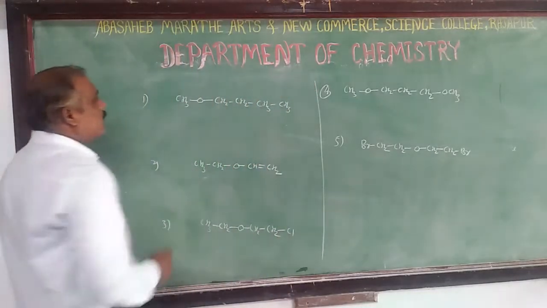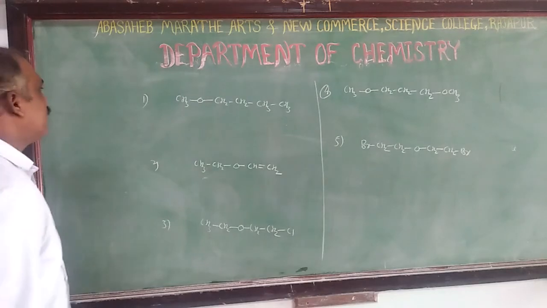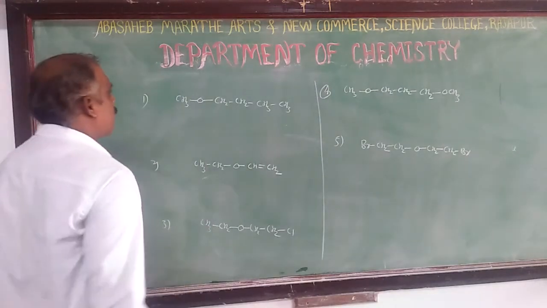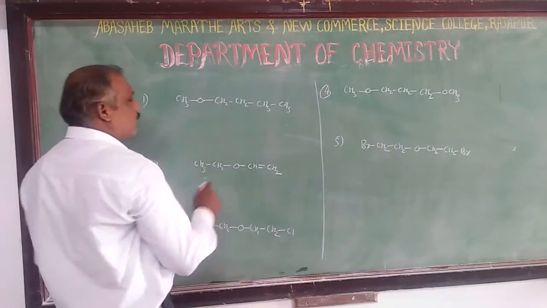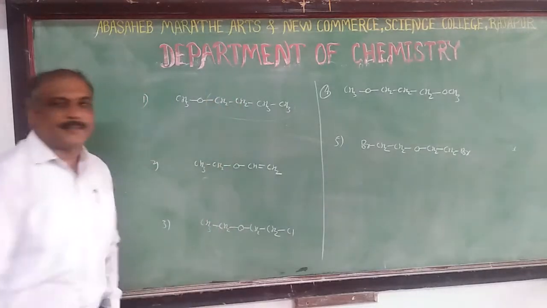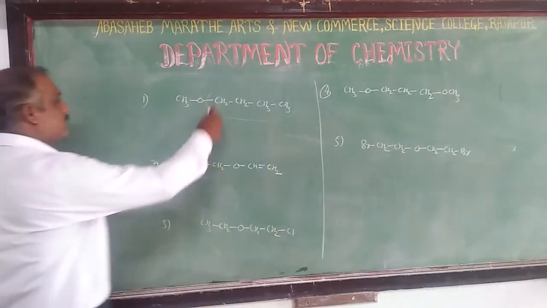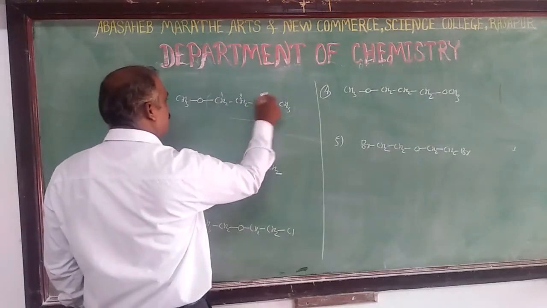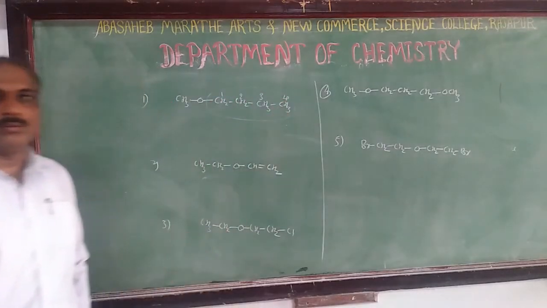So we will give IUPAC nomenclatures of such molecules. Firstly, we have given the numbering. We have chosen this long chain of alkane like this. So numbering is given like 1, 2, 3, and then 4.